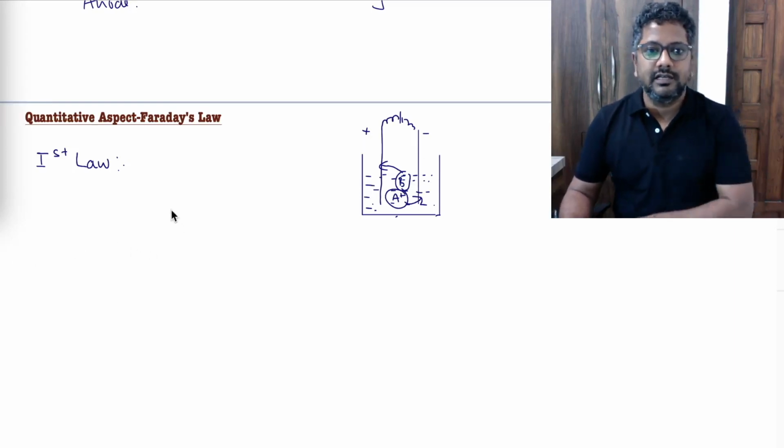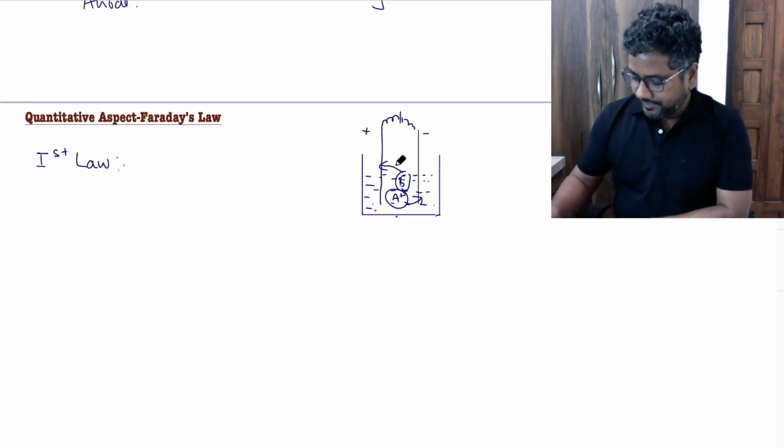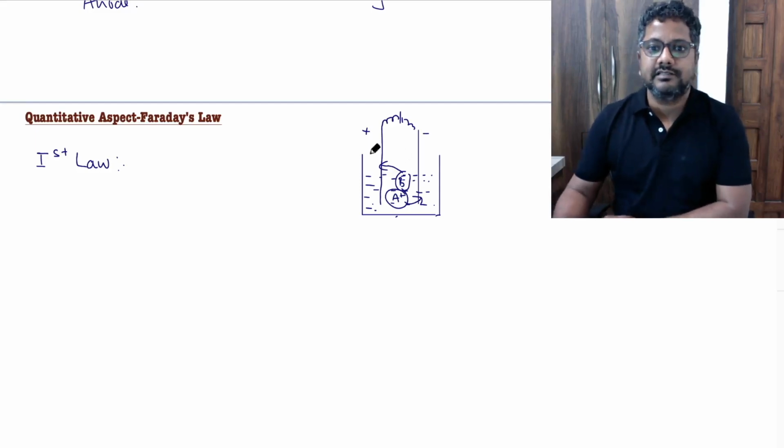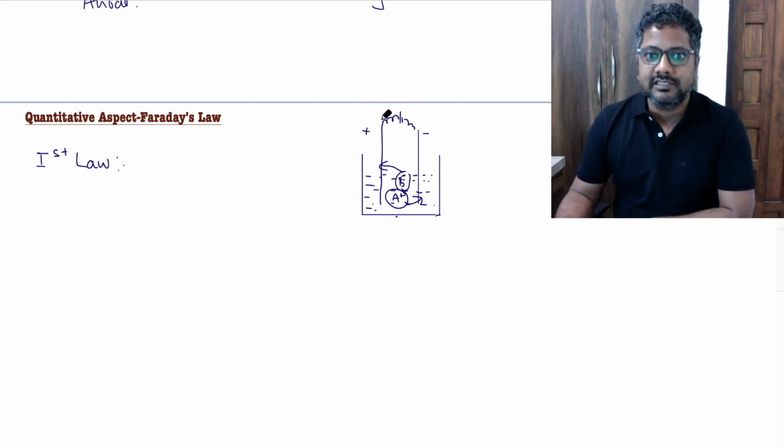So there is a quantitative relation between the mass of species deposited, mass of anion and cation deposited, with the charge passing through this system.